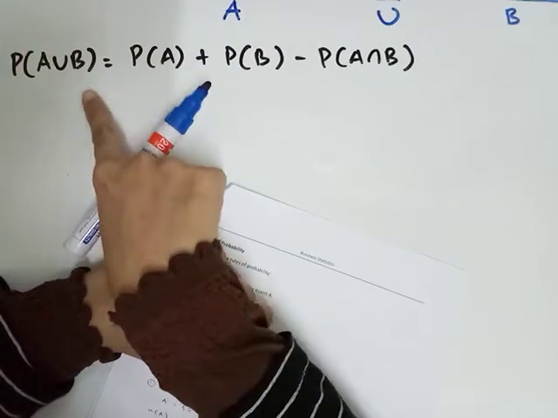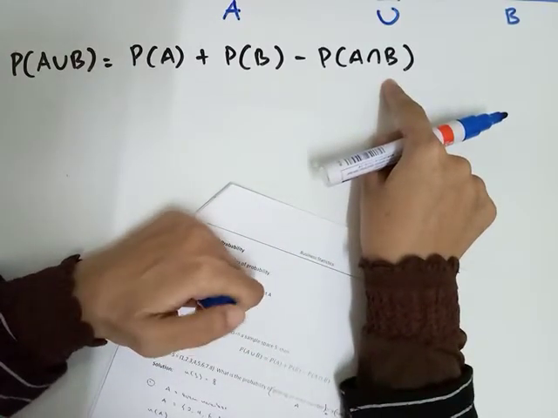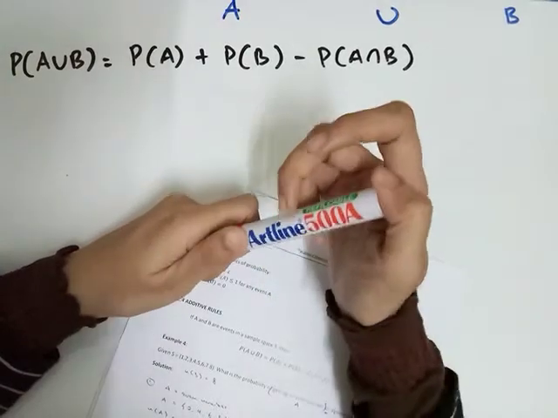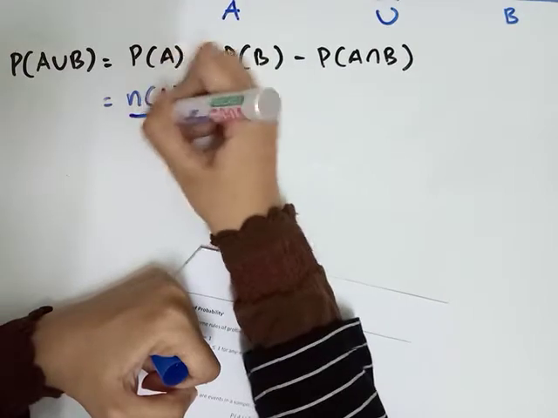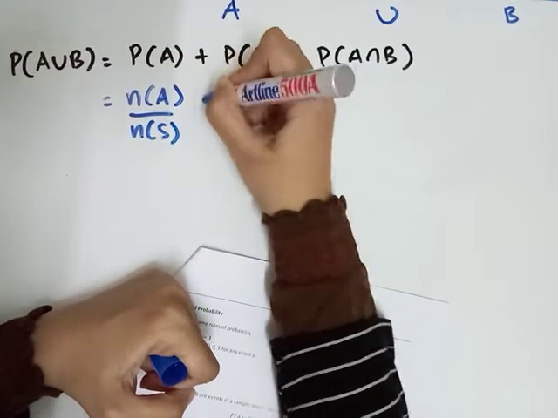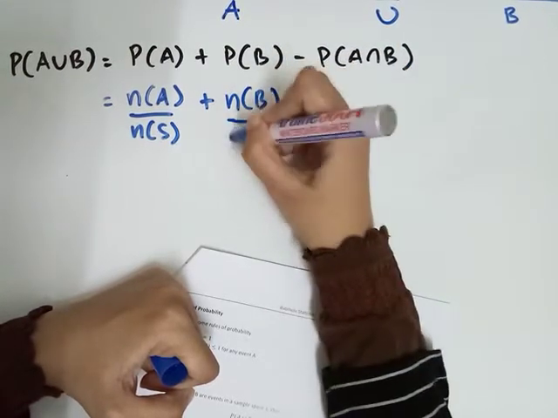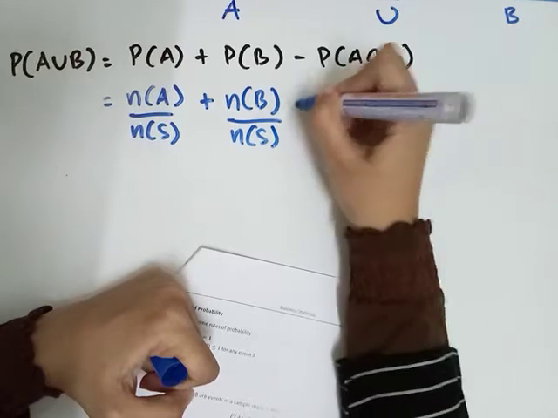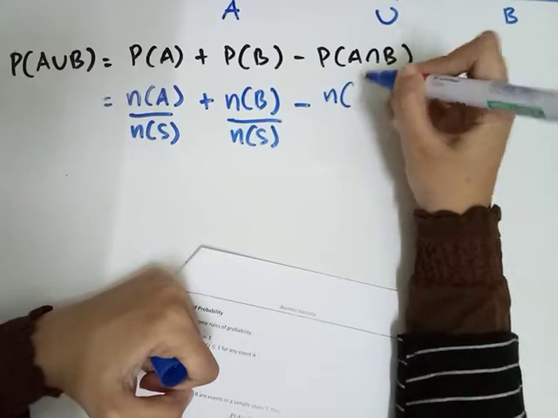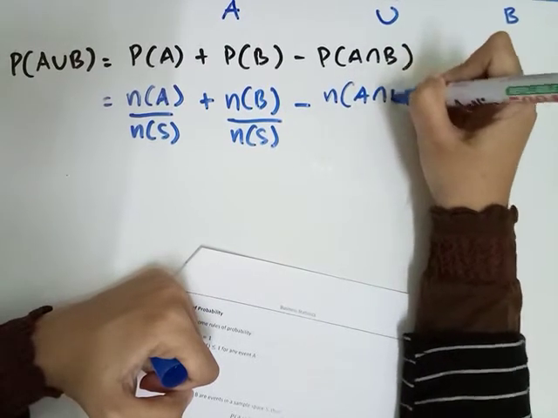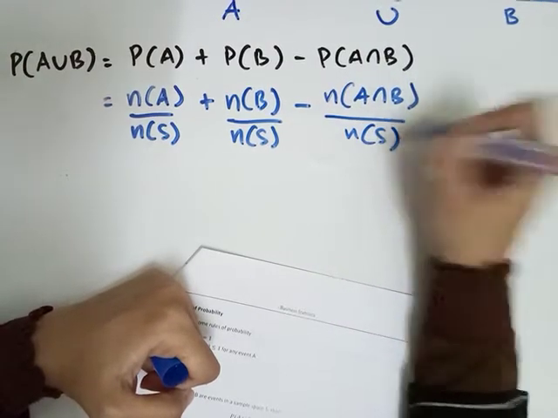Probability of A union B is equal to probability of A plus probability of B minus probability of A intersect B. Bila soalan minta probability, that means the number of elements in set A over the number of elements in sample space, plus probability of B, the number of elements in set B over the number of elements in sample space, minus the number of elements in set A intersect B over the number of elements in sample space.